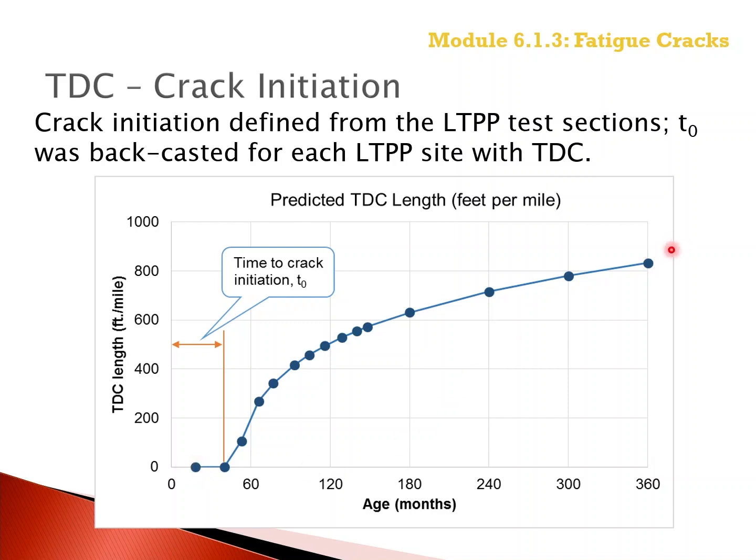This simply shows one example where the top-down cracking length of longitudinal cracks in feet per mile was used to estimate the time at which they started to appear at the surface. This is a schematic illustration of how that process was done for determining the time to crack initiation.